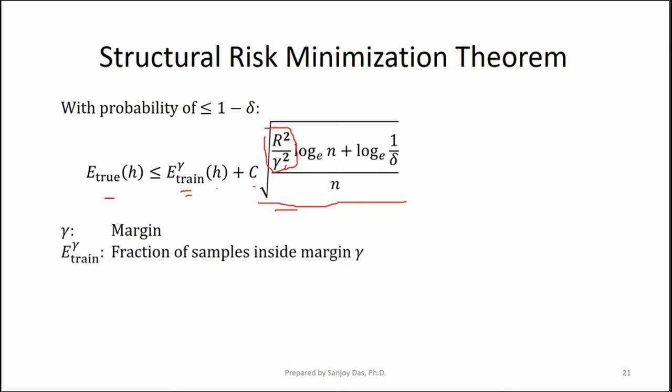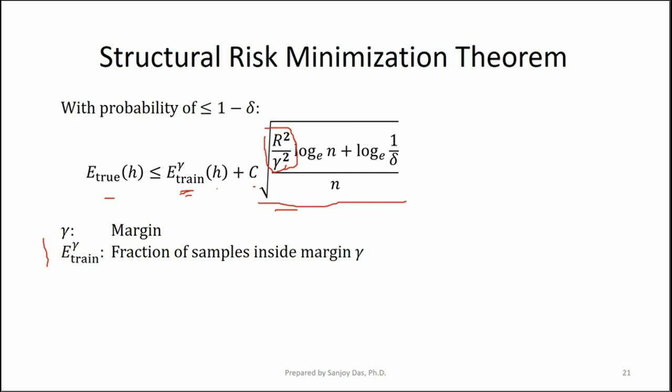Gamma is the margin of separation. And E train gamma is the fraction of samples inside the margin, because we need to take into account what's inside the margin, correctly classified and incorrectly classified, and what's not inside the margin. So we have to define our E train, the training error, as anything that lies inside the margin or crosses the margin to the other side. Those are the training errors.